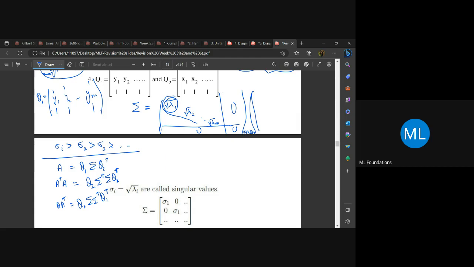Because A transpose A and A A transpose are symmetric matrices, we are able to write them in this form. It means we are able to diagonalize it.